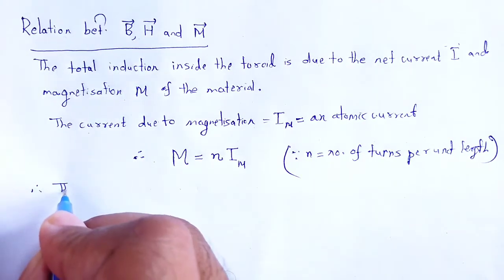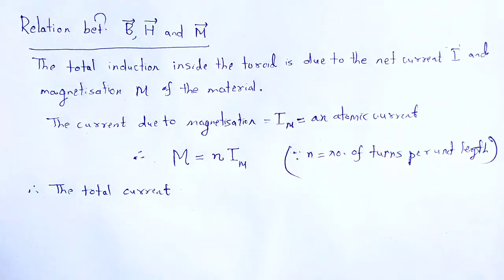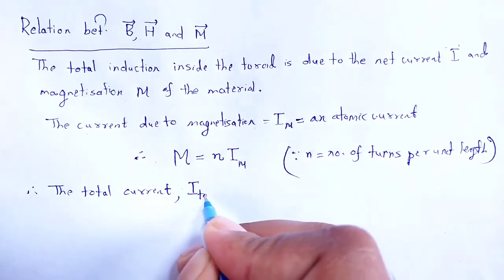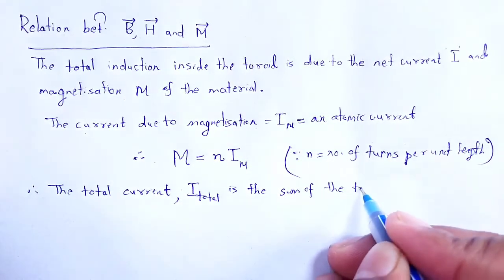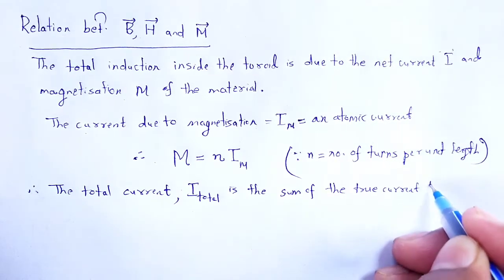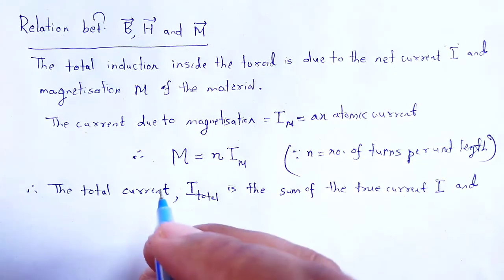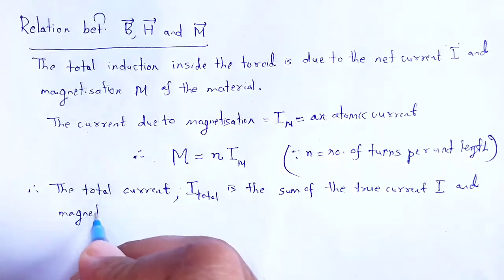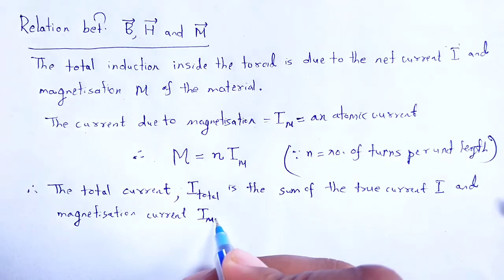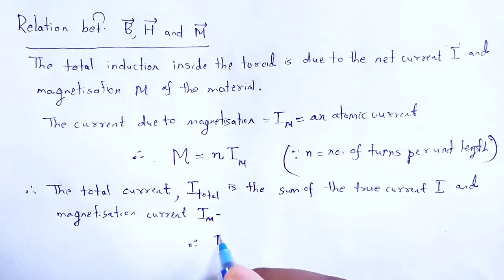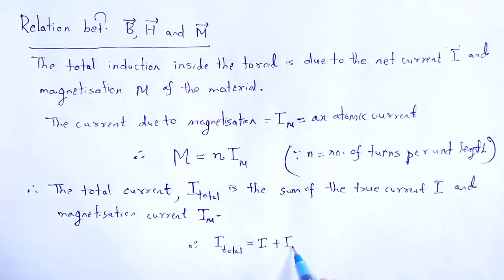Therefore, I total is equal to I, the true current, plus Im, the magnetization current.